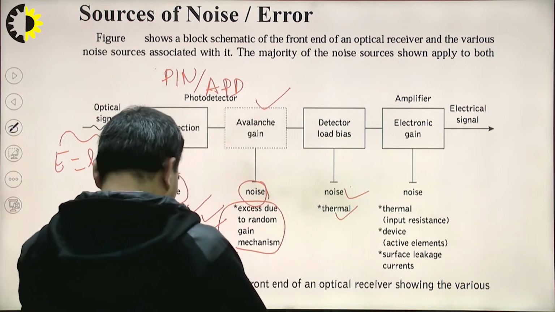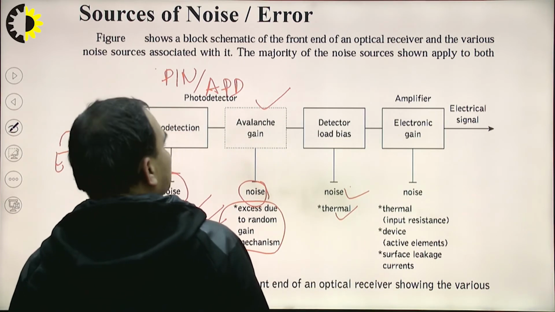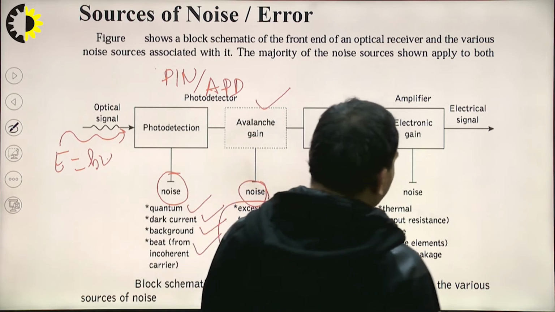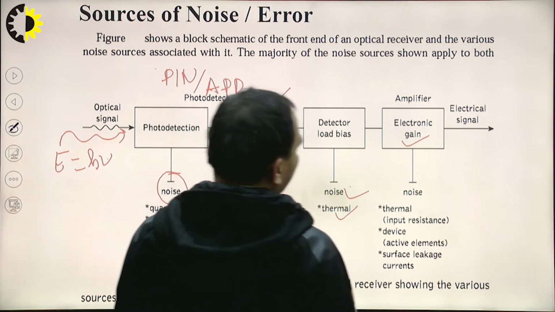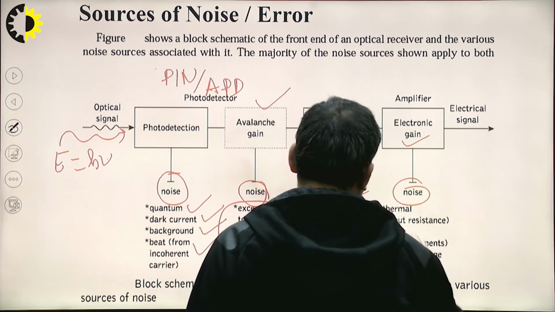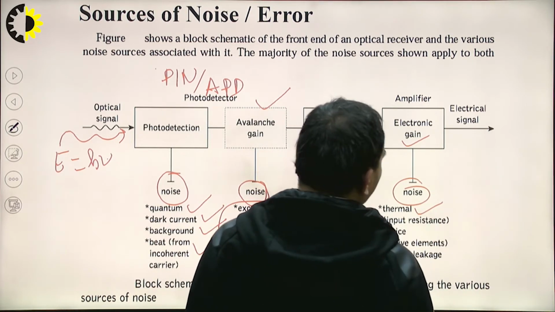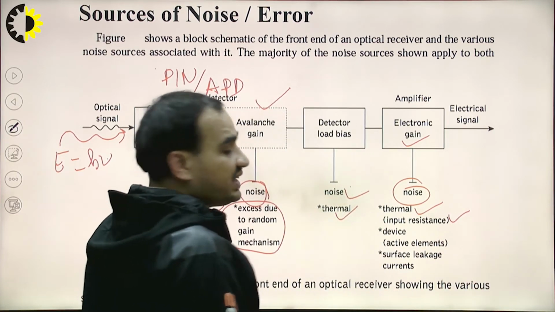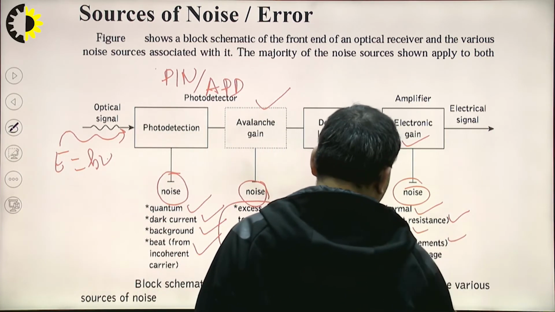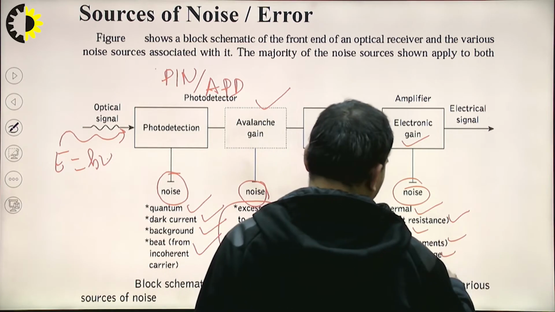Then next we have the amplifier. So amplifier is having the electronic gain, which is also a part of the noise. This is the thermal noise. We are having the input resistance and the device with the active element and the surface leakage current. So surface leakage current we have.